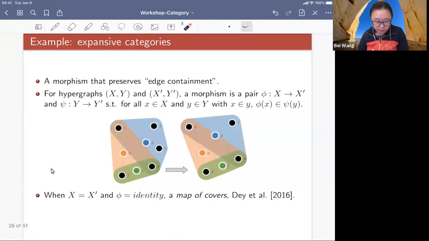A very interesting thing is that if the underlying number of nodes is the same and this is the identity map, then if we study the map of covers that arise from multi-scale mapper, this can be thought of as a specific morphism that I care about.